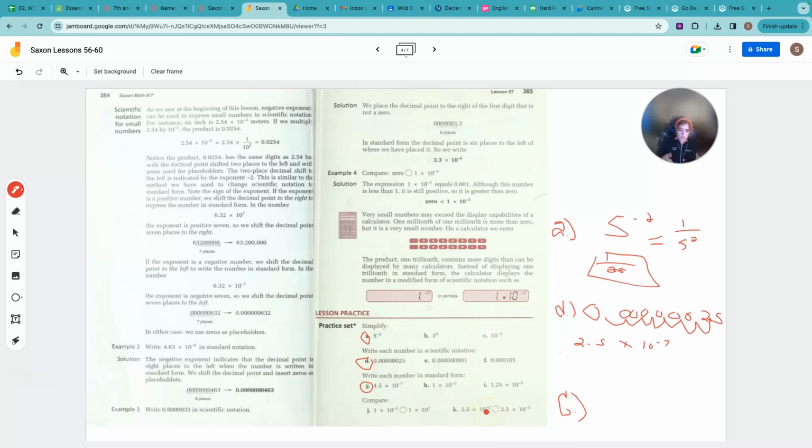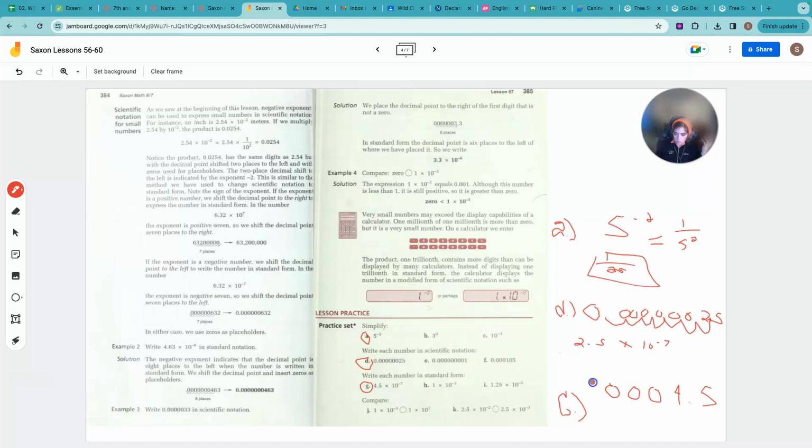Alright, write each number in standard form. So we have 4.5 times 10 to the negative 7th. We are not going to let this trip us up. We're going to get right into it. Let's put our zeros down because losers go left and are negative, so we know that's where we're headed. So, 4.5, and then I'm going to put a bunch of zeros in here to help me keep track.